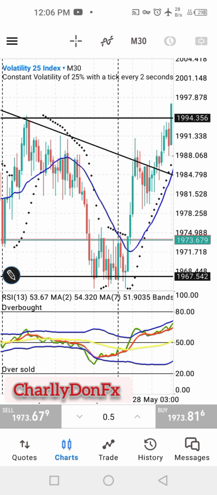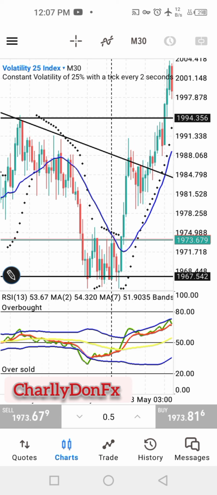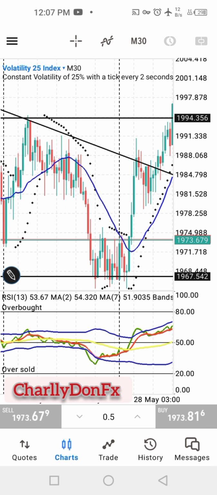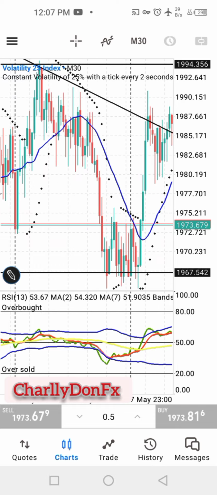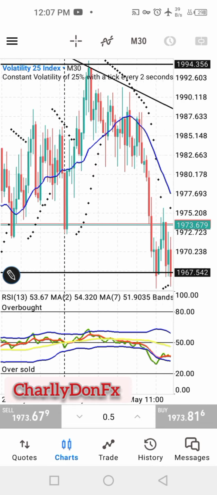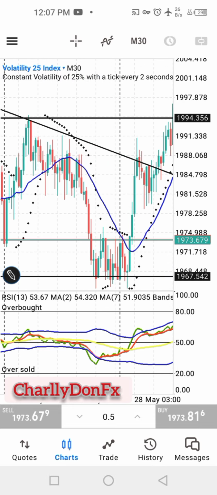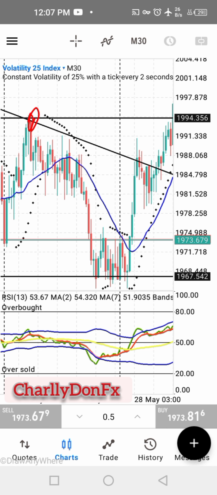So now, what do we do? How do we analyze this market to know the direction of the market? This was the high of that previous day. The market closed at the end of the day. The following day, yesterday, the market started trending upward.